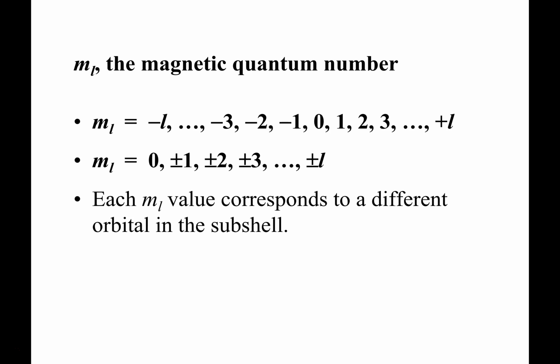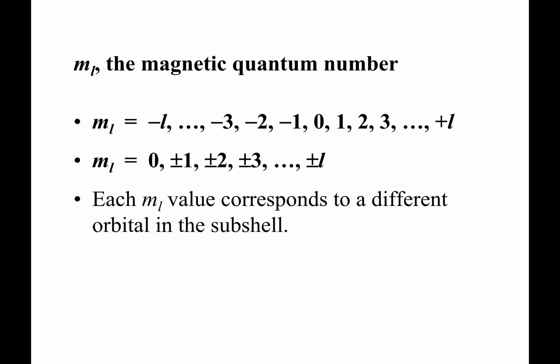Oh, my boxes get so bad. For the m sub L values, pick the middle one, just kind of like symmetry. I think it's very pretty. Minus 1, plus 1, minus 2, plus 2. The last one we need to worry about is the F-type subshell, which of course has 7 boxes. So we need to have 7 m sub L values.